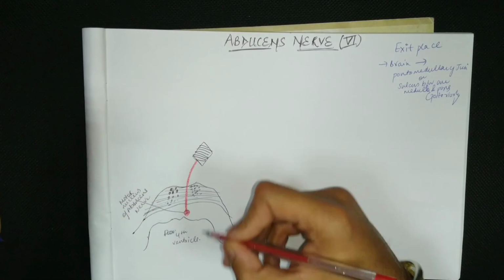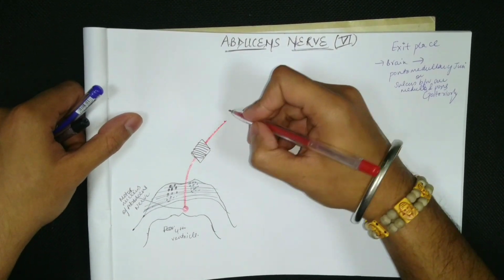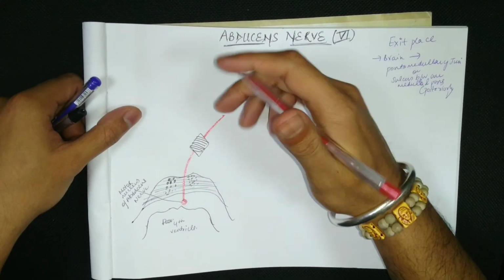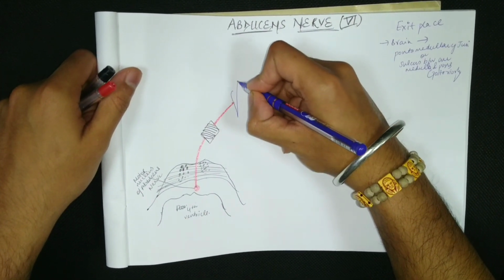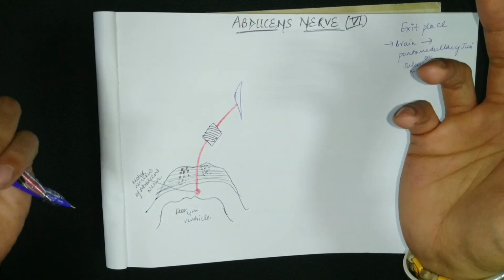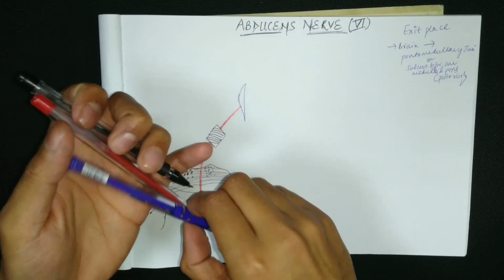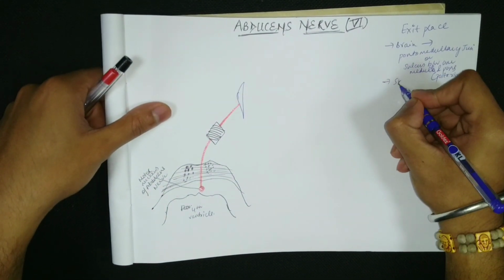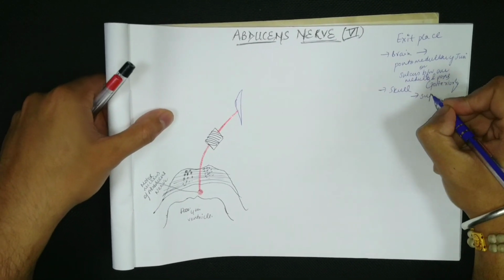After exiting from our cavernous sinus, it now enters the skull cavity. In the skull cavity it exits from the superior orbital fissure, as our oculomotor and trochlear nerves exit from the same fissure. So from the skull it exits through the superior orbital fissure.